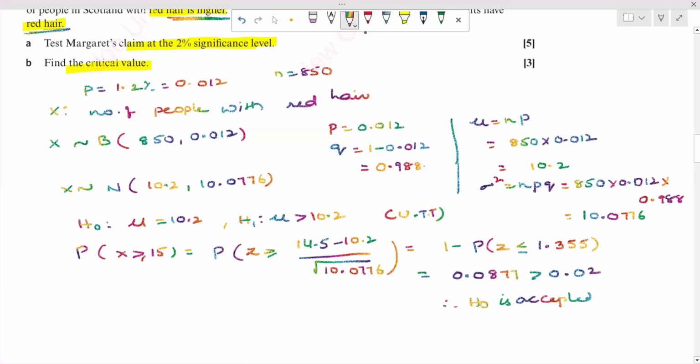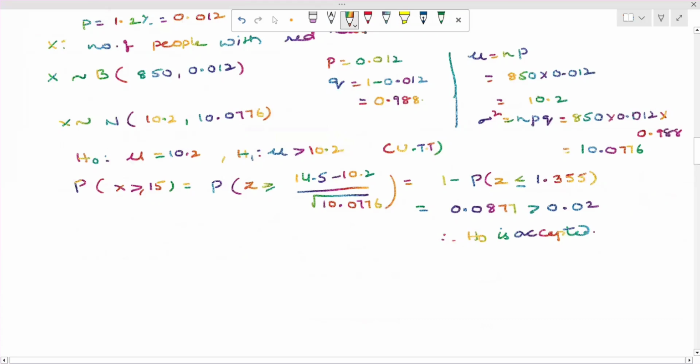H naught is accepted. So therefore, there is insufficient significance evidence.